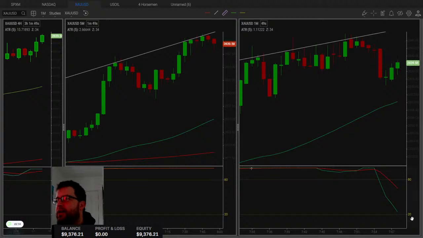We might actually get below our 20 level here, which indicates a really good pullback, as long as this stays up here. Pretty good looking setup.